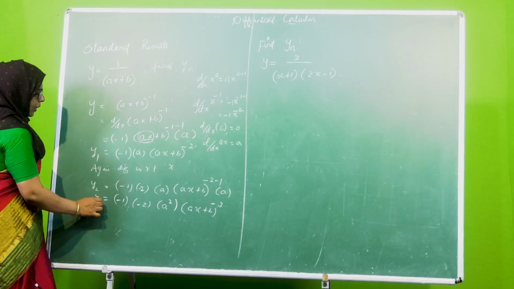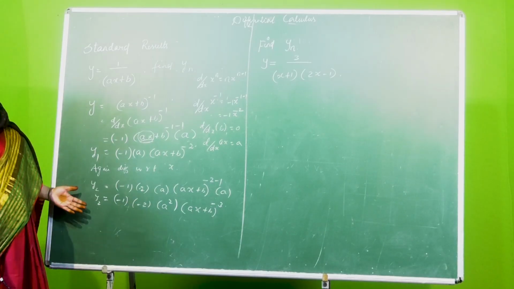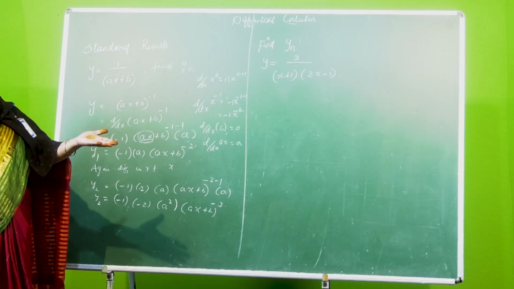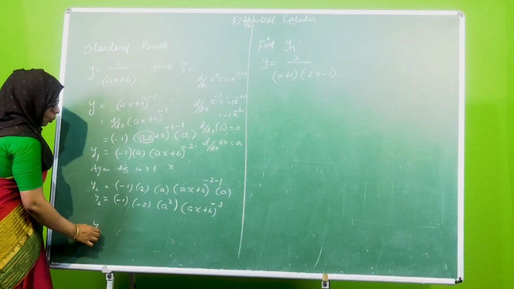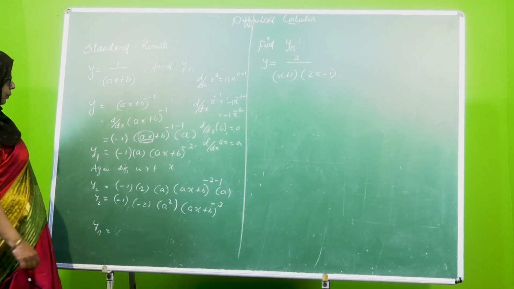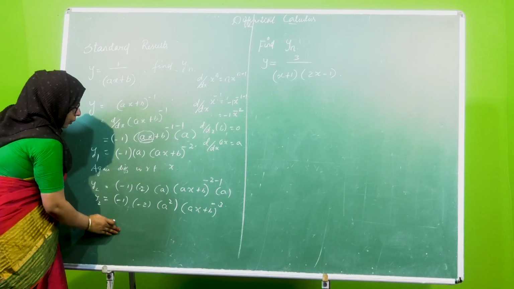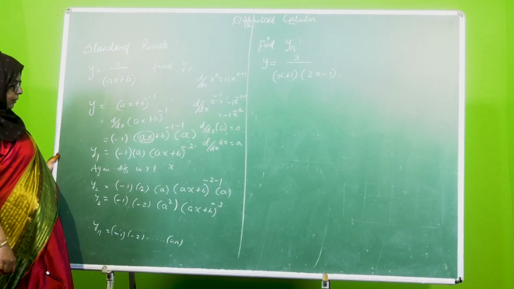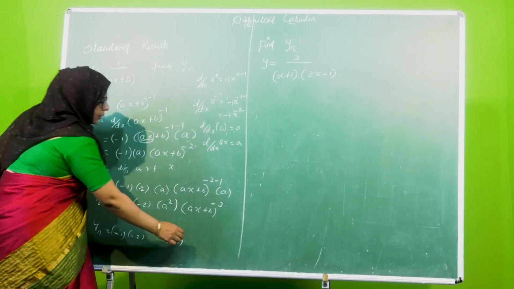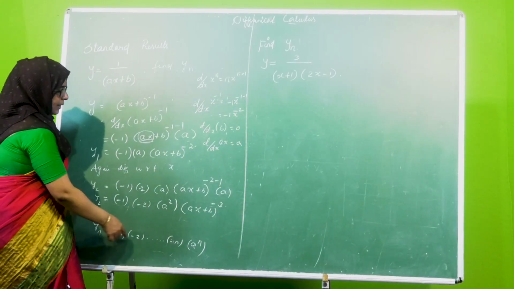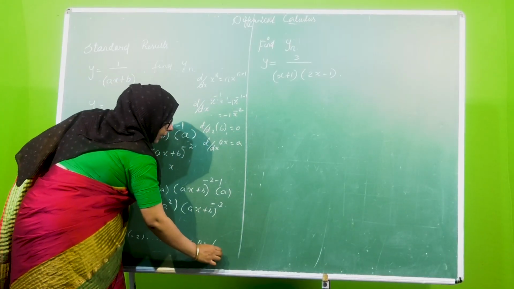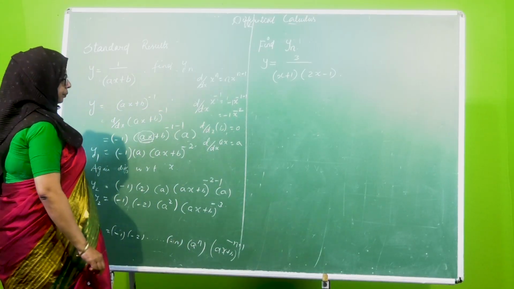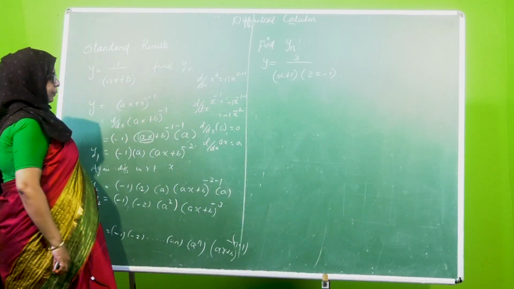That is y2. So, in a similar way, you are differentiating y3, y4, y5, etc. up to yn. So, what is yn? So, minus 1, minus 2, etc. up to minus n. y2 is a square, that is, yn is a power n and ax plus b whole power minus of n plus 1.